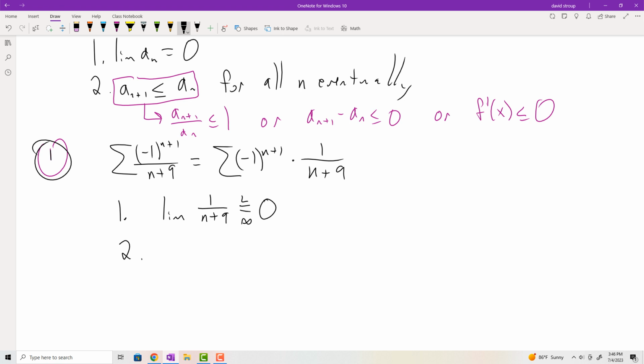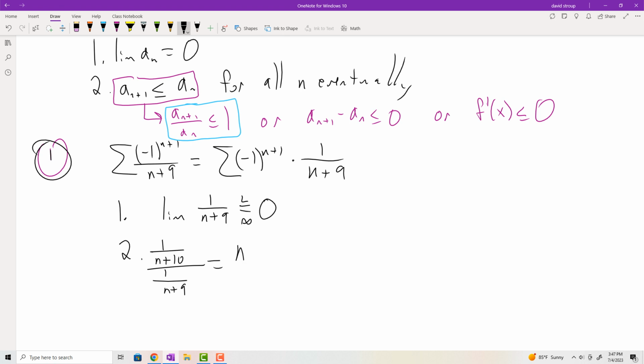Secondly, then, I'm going to do this comparison, this monotonicity test, right? So I like to use the first one, this one right here. 9 times out of 10, it works. So I need a sub n plus 1. That will be 1 all over n plus 1 plus 9, which is n plus 10, divided by a sub n, which is 1 over n plus 9.